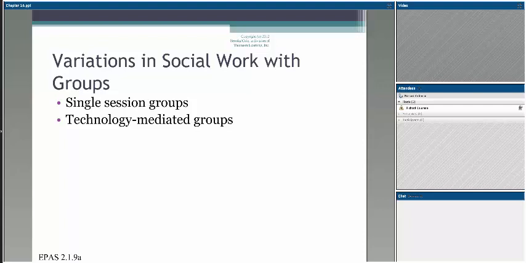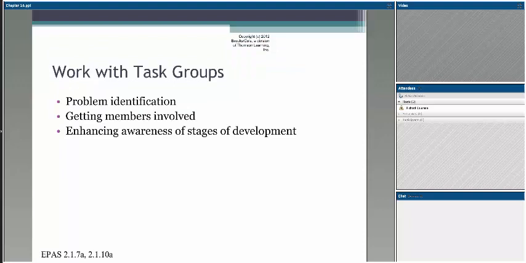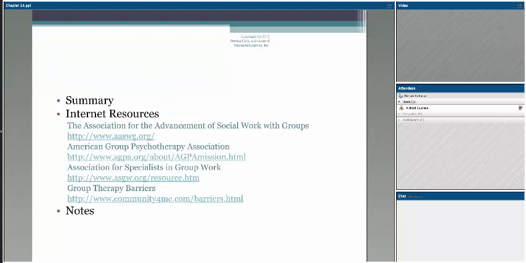The Adobe Connect process allows people to work via the internet in terms of real-time communication and the presentation of information. Again, looking at those variations is going to be important. Working with task groups also, we're looking at problem identification, getting the members involved, and also being aware of the stages of development for the tasks that need to be done as well.